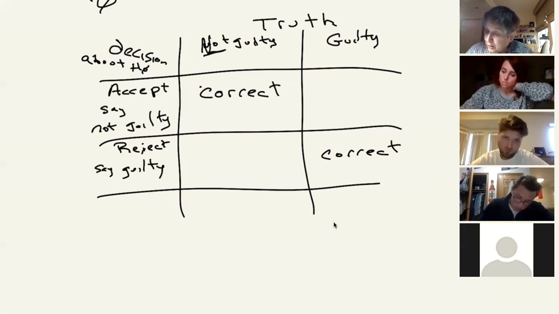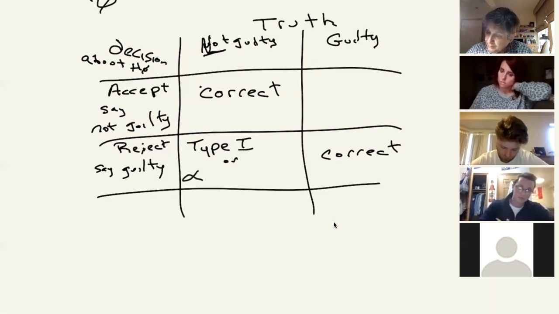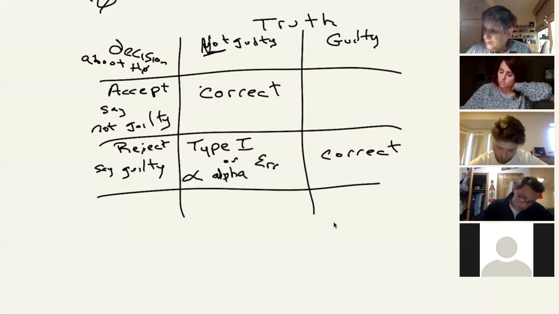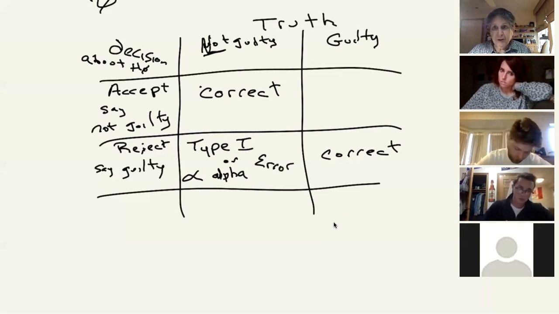And in fact, we call this one a type 1, also known as alpha, which is written like this, error. A type 1 or an alpha error. And notice that symbol, because sometimes that's all you see. It's just that little symbol.